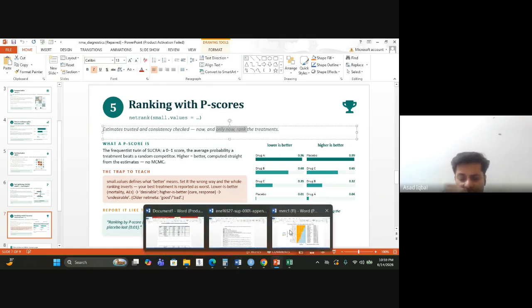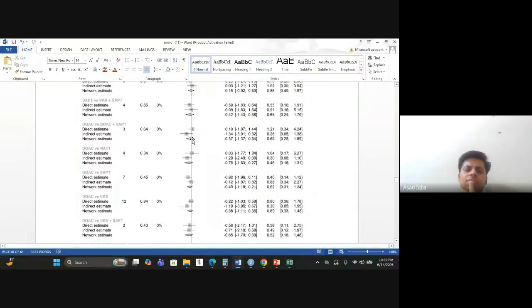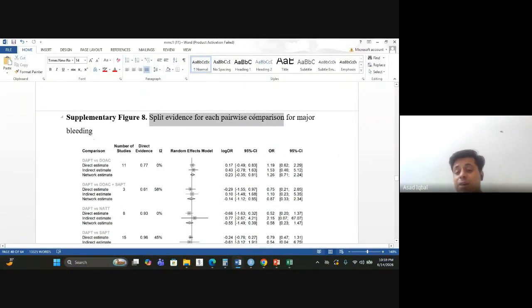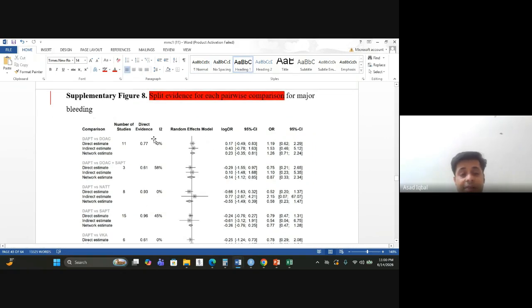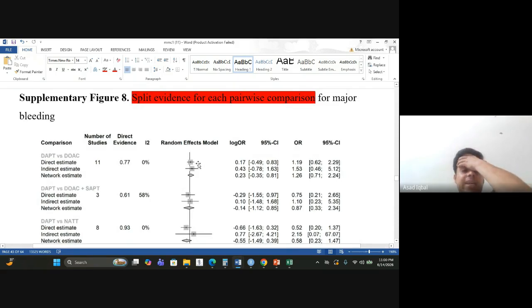There is one thing remaining. For the net split, which I was talking about, it's this. You can see here the evidence from the direct estimates. If you look at this, the confidence interval is crossing the line, so that's why this value is negative, minus 0.49, but this is above 0, so it's 0.83.